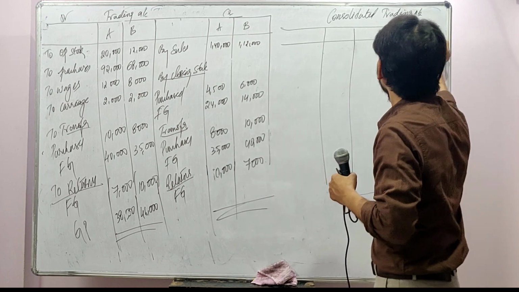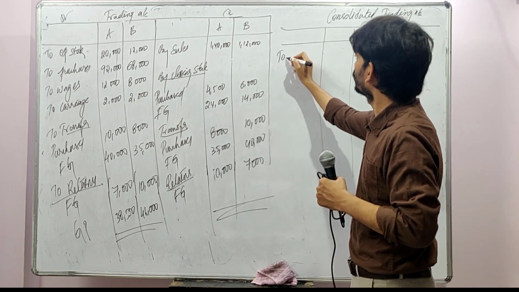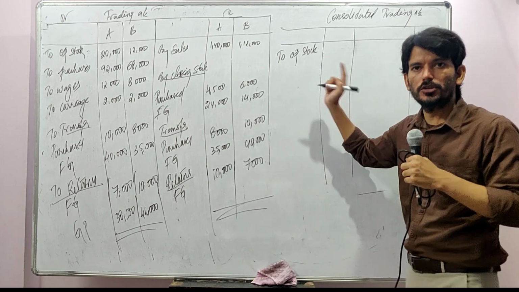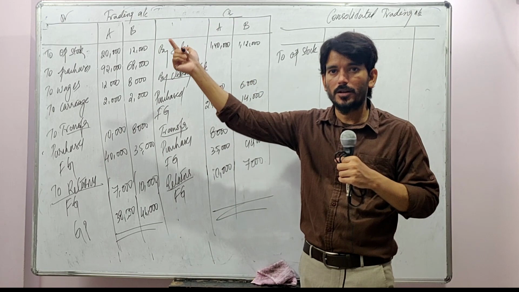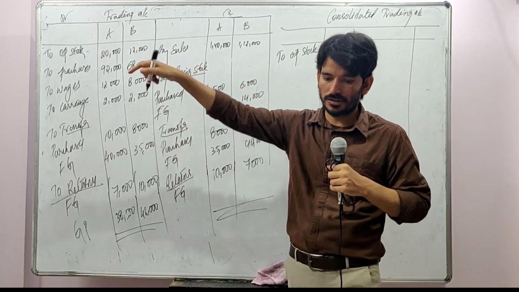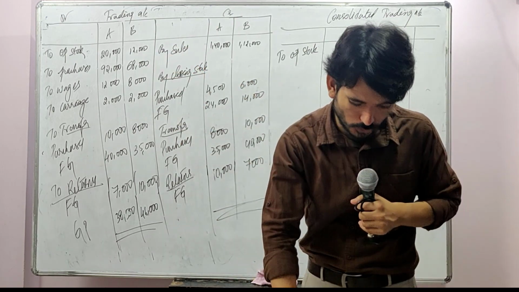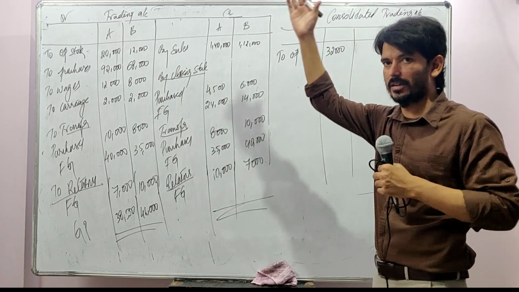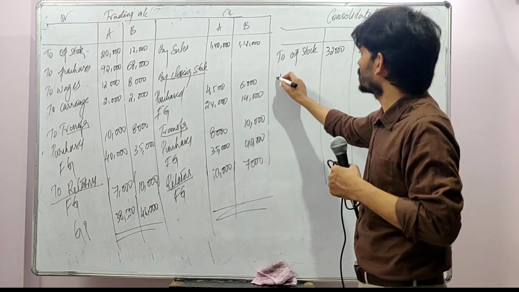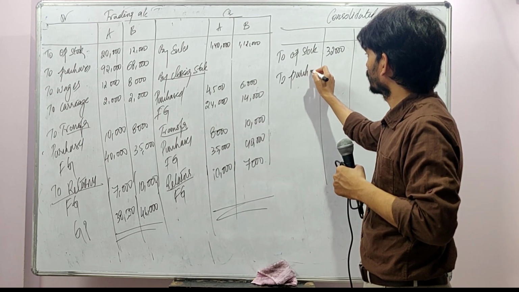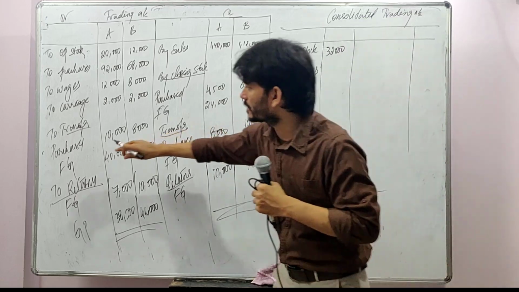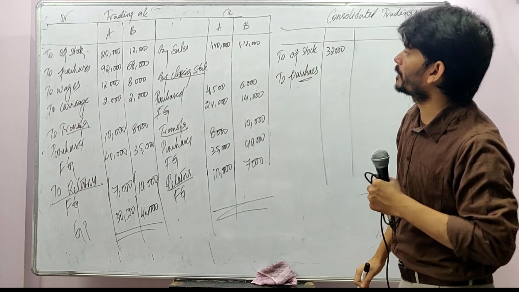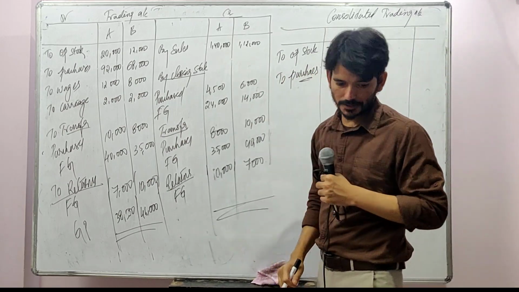Now, opening stock: as I told you earlier, there is no stock reserve in the opening stock because both are purchased goods and both are valued at cost, which is given in the question. Just add these two, 20 plus 12, 32,000, because we are doing it at the father level, the company level. Then purchases: this is not interdepartmental purchases, only outside purchases. 92 plus 68, 160.